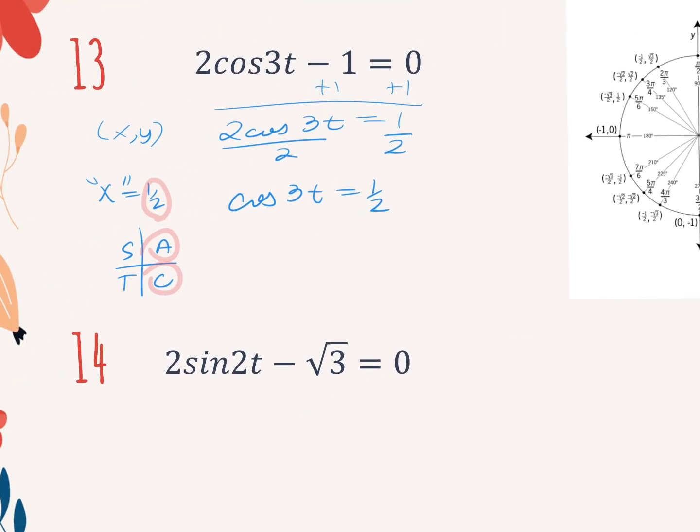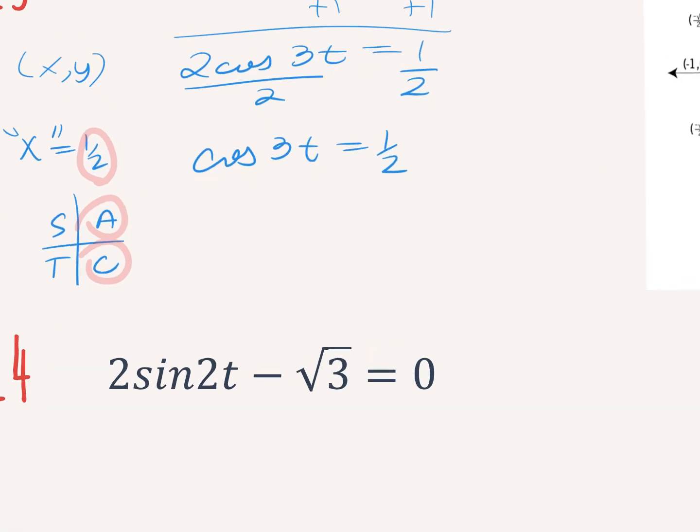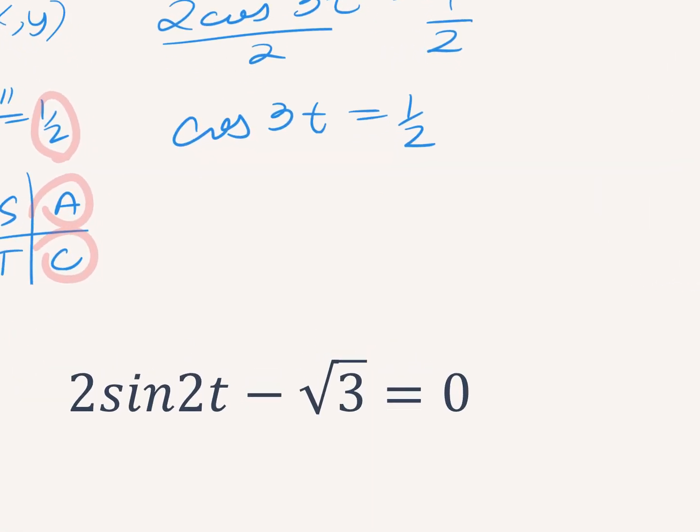But what we need to do here is now deal with that 3 that's in front of the variable. So normally what I would have written is t equals and then that angle measure. But what I'm going to do now is 3t equals pi over 3 and 3t equals 5 pi over 3. This is radians first. I need to divide by 3.